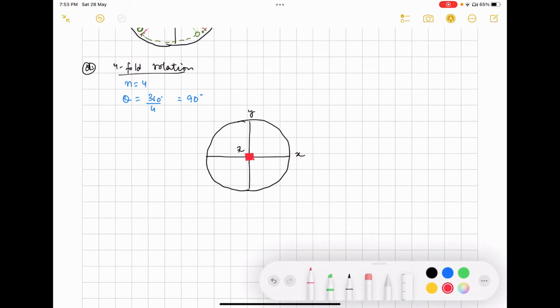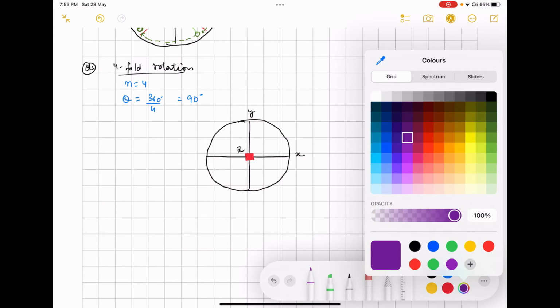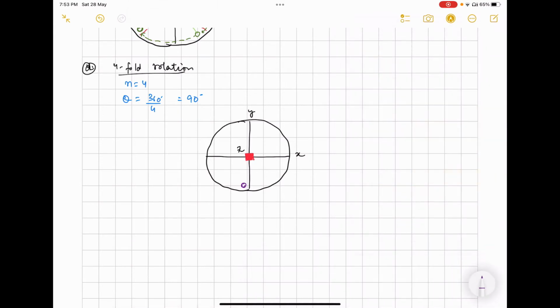Now suppose my first point is here, so after a rotation of 90 degrees it reaches here. Then after 90 degrees it reaches here. Then again 90 until it reaches the initial position. As we see, we are left with 4 points. So the order of the point group is 4.